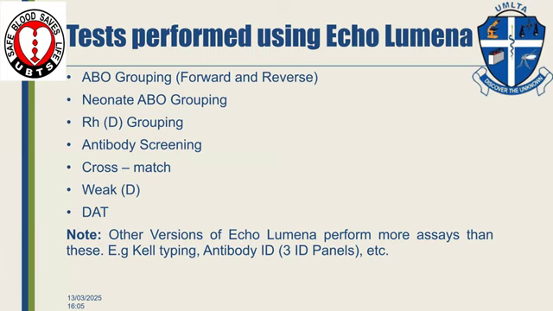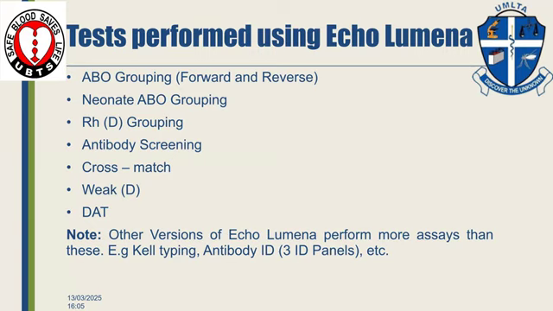Now, other versions which are bigger than the e-Columnar, I think they're placed in the donor centers. They're able to do other activities, which include typing and others. Ours ends on the above tests we have talked about.